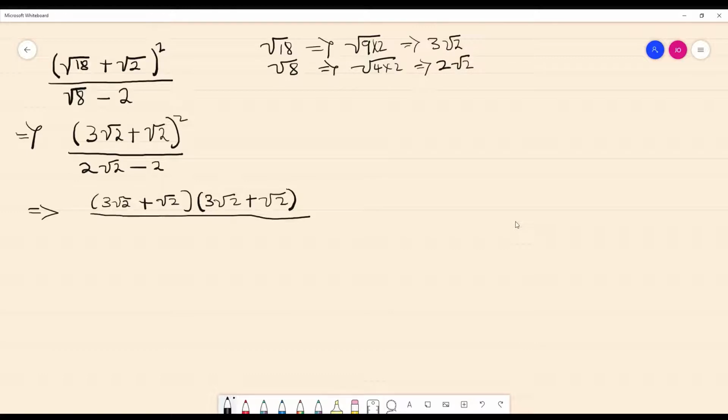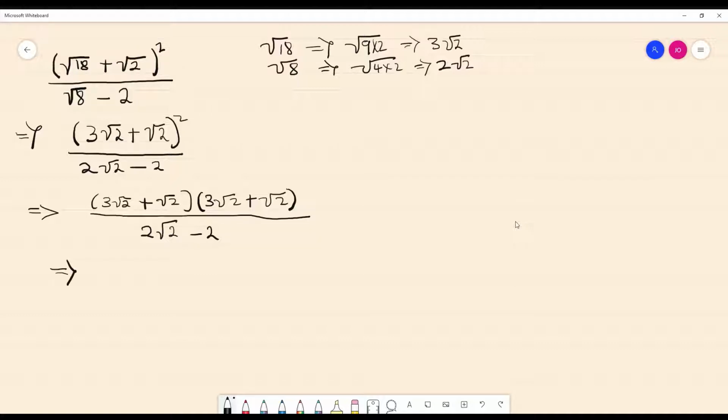That will be over 2 root 2 minus 2. If you look at this, we can actually factorize this. But let's leave it for now and see what happens.